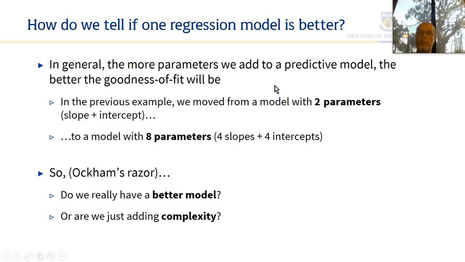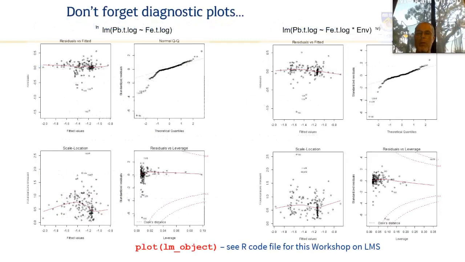So in general, the more complex our model, the more parameters we have to explain things, the better the fit will be. It's just a mathematical consequence. So in our first model, we've got two parameters, just one slope and one intercept, and then we've got a model with 8 parameters, 4 slopes and 4 intercepts. And this should give a better fit, but do we really have a better model, or is it just more complex? Well, we can check a few things, and we'll look at these diagnostic plots in our script when we go through that.